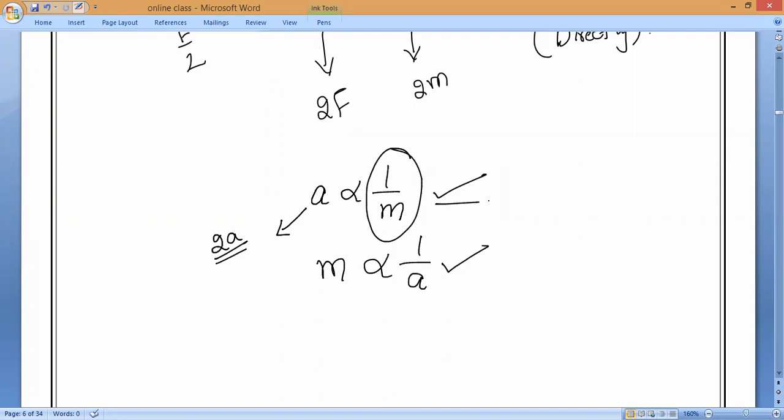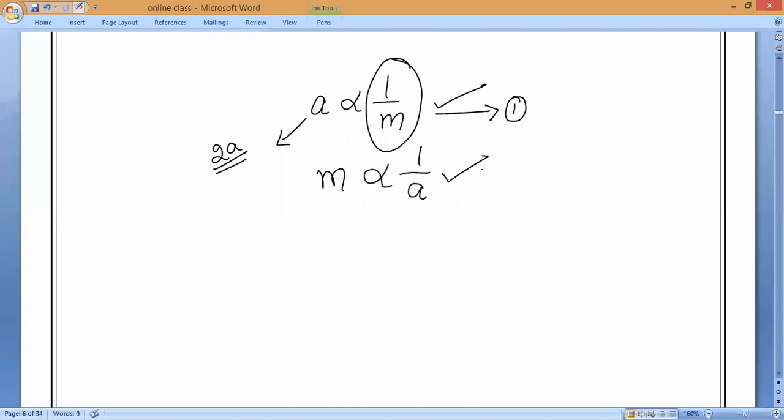Now, let me consider this as equation number 1. Is it okay, guys? Anybody having any doubt? No, sir. Now, they are saying A becomes 2A. Do you understand? Now, what about the mass? Both are inversely proportional to each other. So observe very carefully.